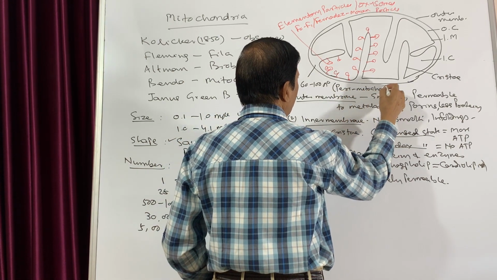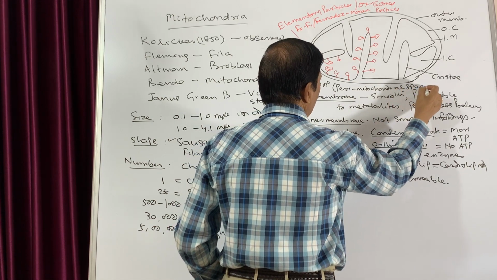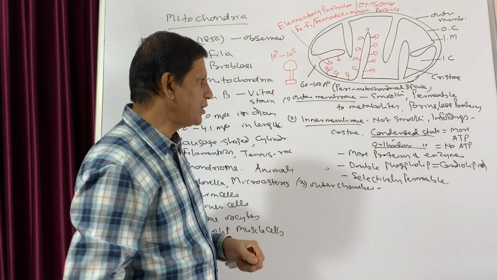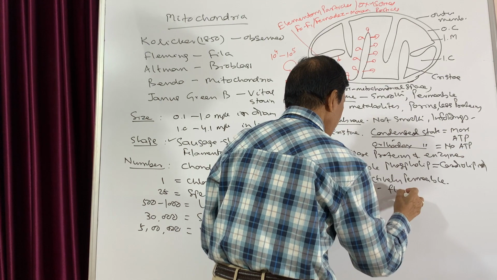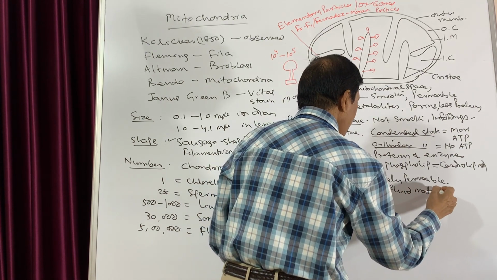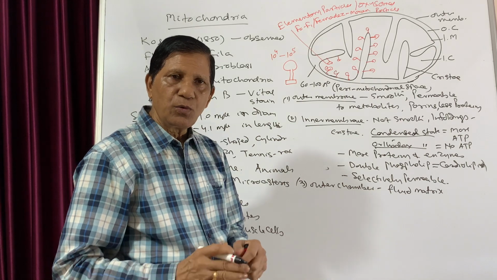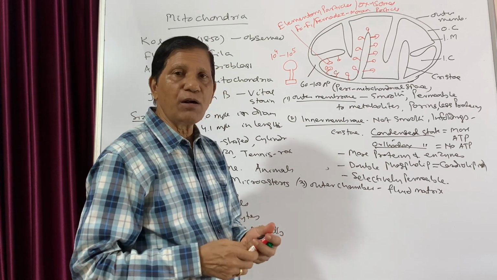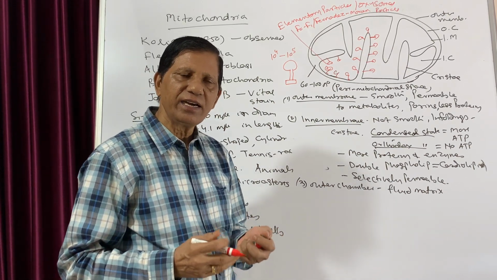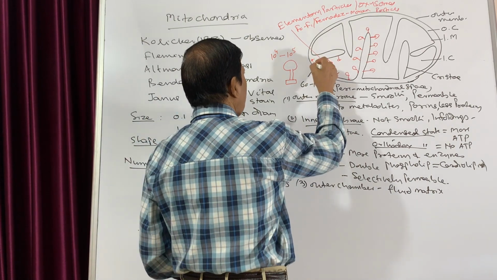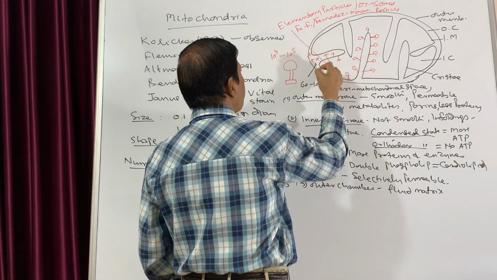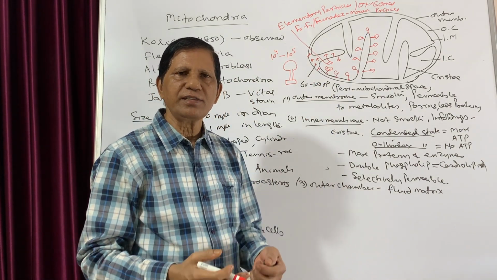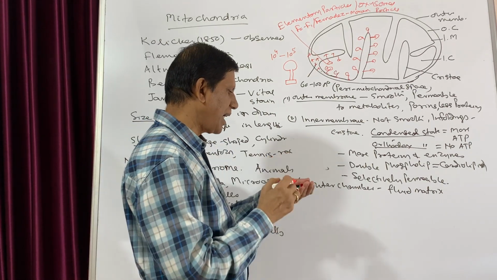In this part there is some fluid matrix and some enzymes. But during respiration, when the electron transport system takes place, this outer chamber becomes highly acidic due to accumulation of protons, during electron transport and synthesis of ATP. So this is regarding the outer chamber.